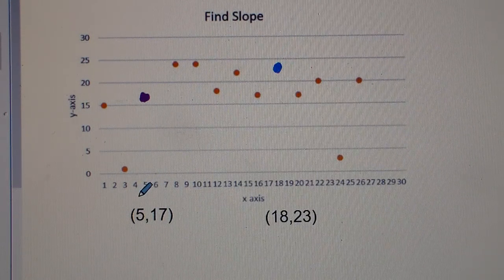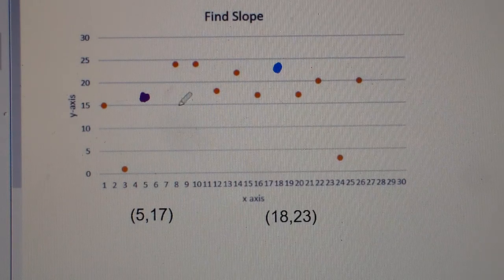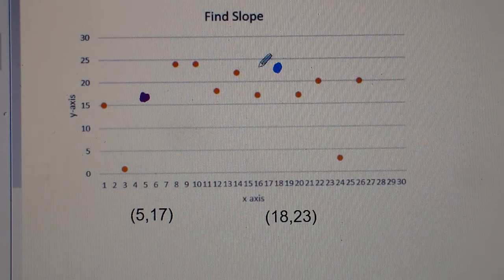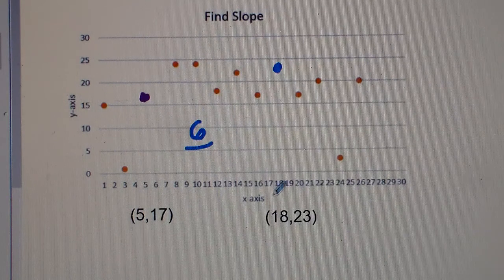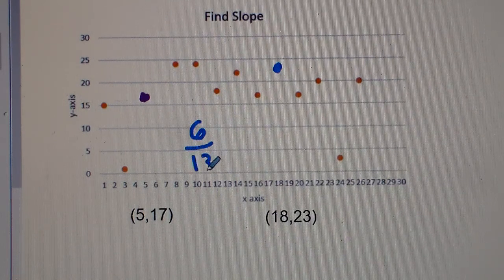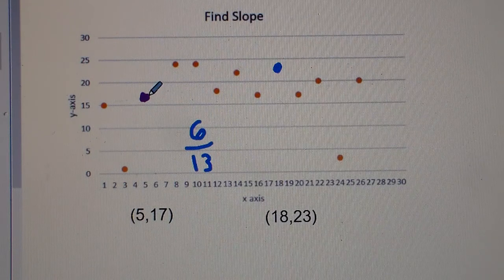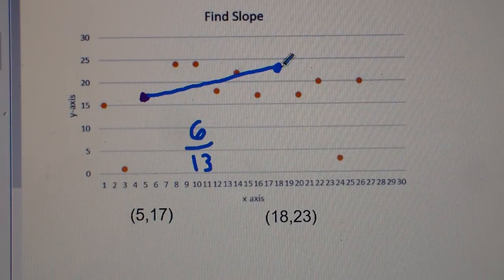The purple coordinate looks like it's at 5, 17, and this one's at 18, 23. So 23 minus 17 gets us 6. 18 minus 5 gets you 13. So you have 6 over 13 is the slope between the purple and the blue coordinates.